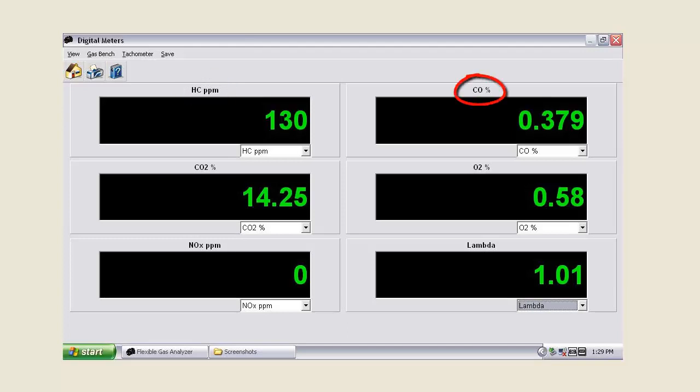Carbon monoxide 0.379%. NOx 0 parts per million. Carbon dioxide 14.25%. Oxygen 0.58%. Lambda at 1.01 indicates near perfect stoichiometry.